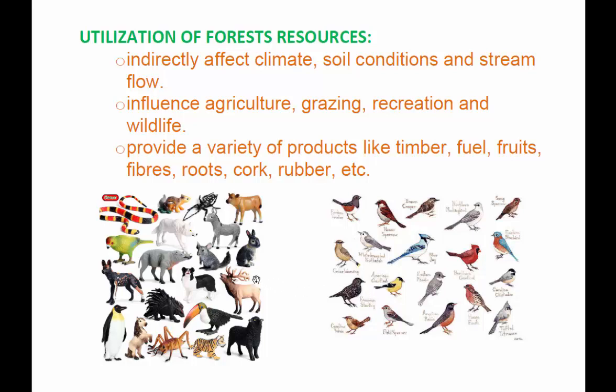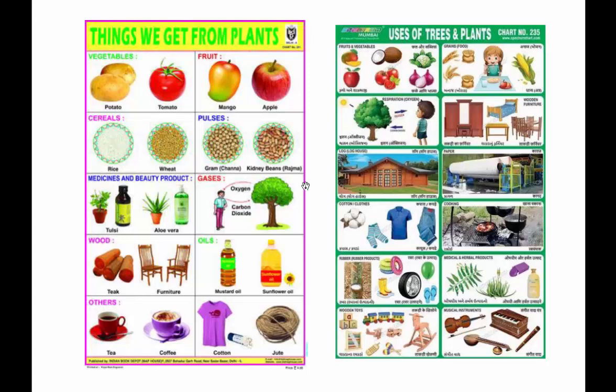And not only that, a forest provides a variety of products like timber, fuel, fruits, fibers, roots, cork, rubber, etc. So if you look at this very chart, the importance or usefulness of forests is innumerable. For example, if you look here, it gives us medicines and beauty products.